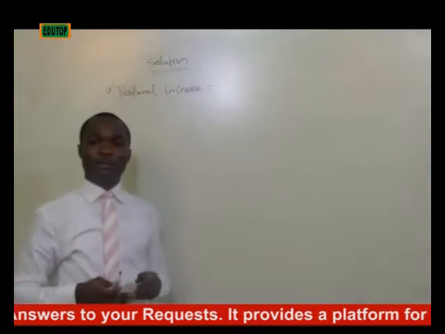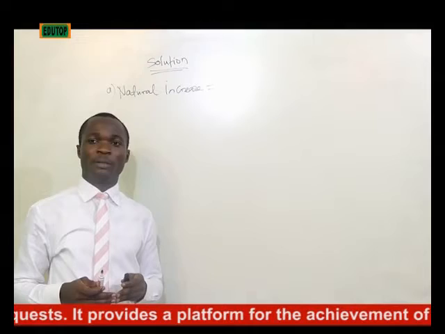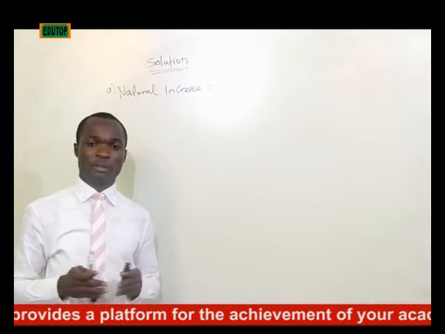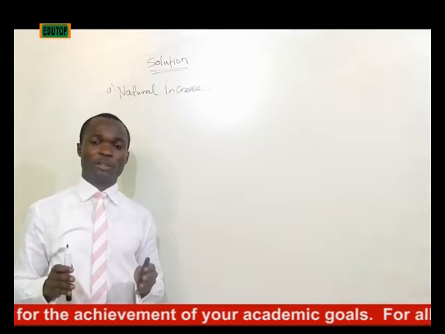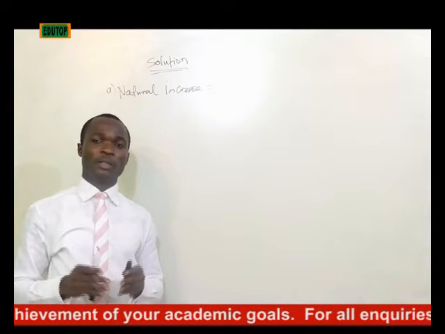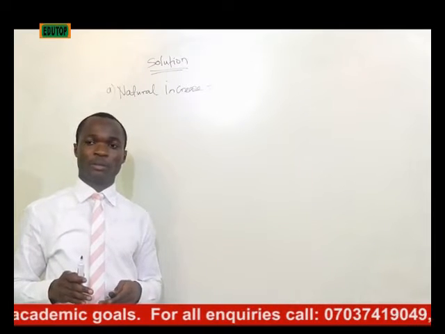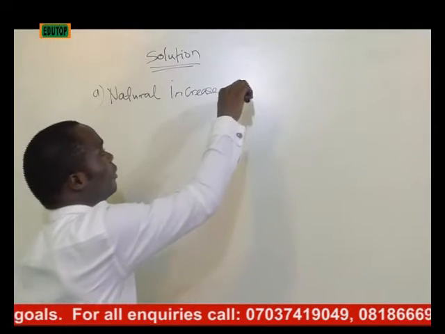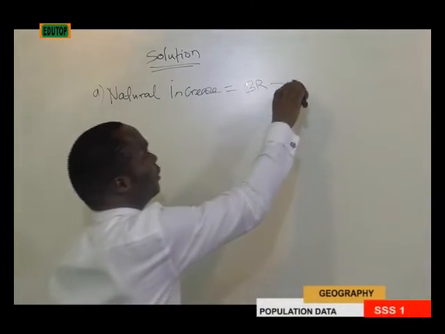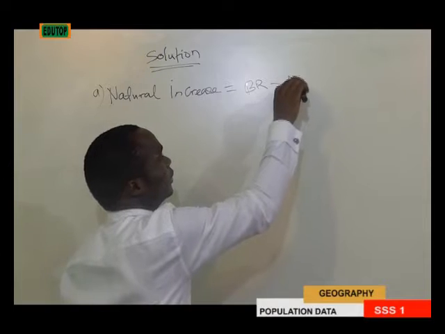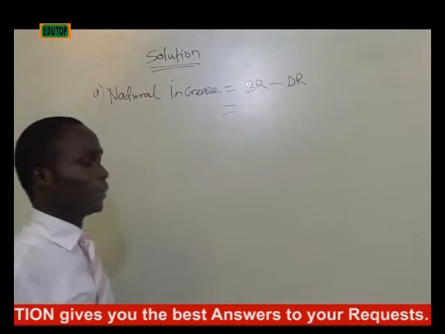The formula to calculate this is birth rate minus death rate. That will give you the natural increase in 1996 according to the question. Birth rate minus death rate will give us the natural increase.